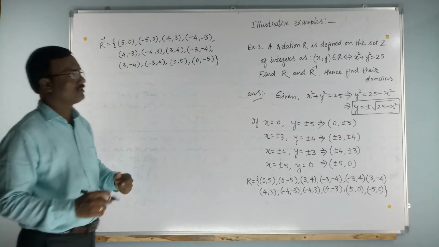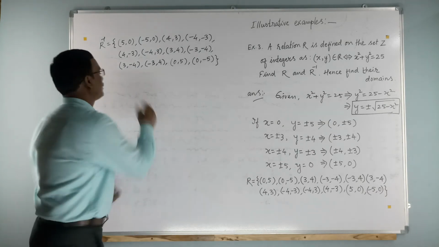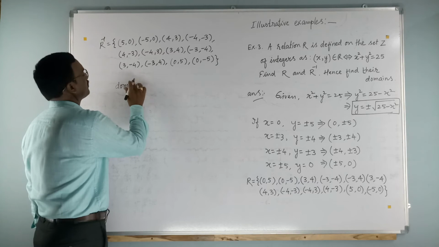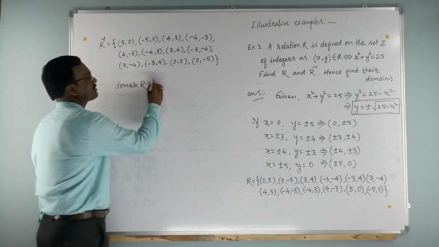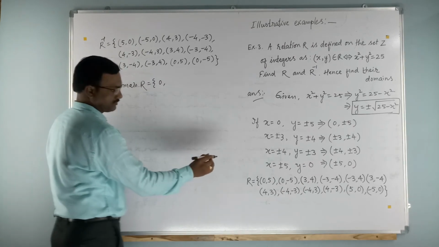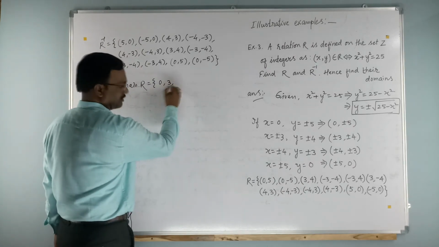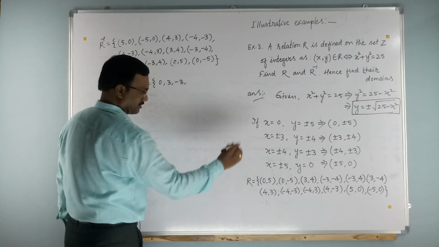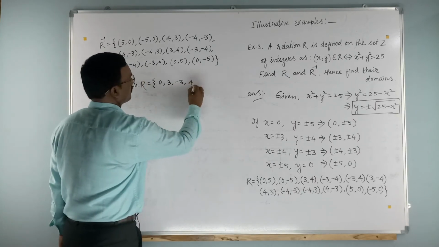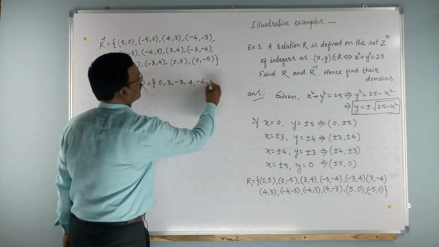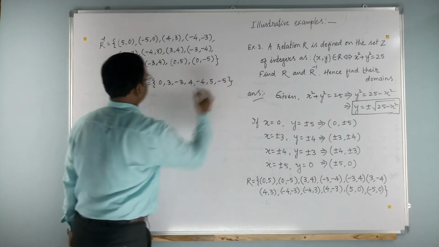Now we have to find out their domains. So domain of R is the set of all first components. So we can take 0, 3, minus 3, 4, minus 4, 5 and minus 5.